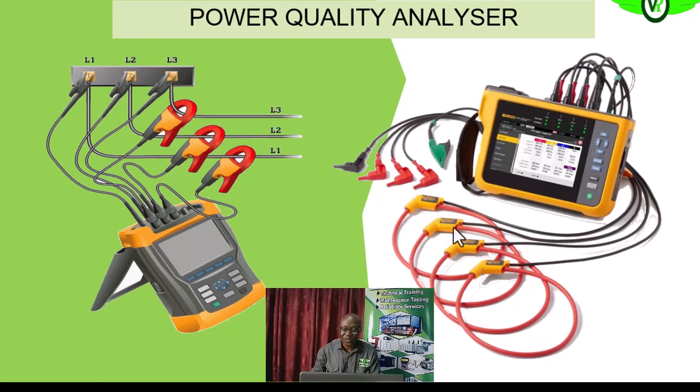So this is the current probe and these are the potential leads. You see you have this for earth, neutral, line 1, line 2, line 3, also neutral, line 1, line 2, line 3.